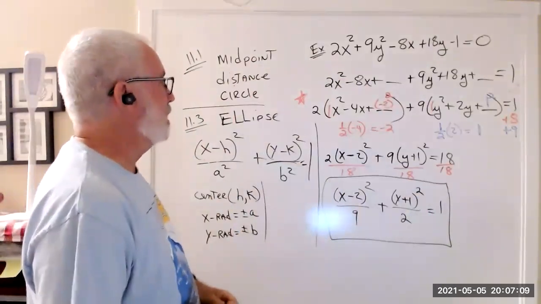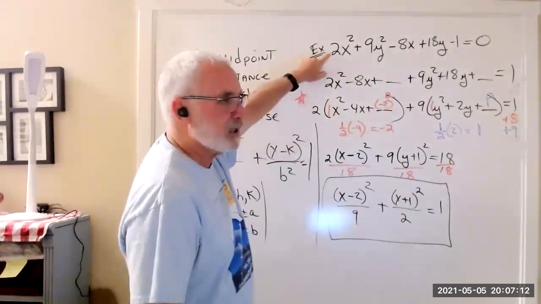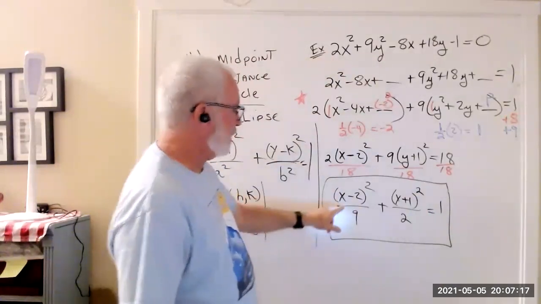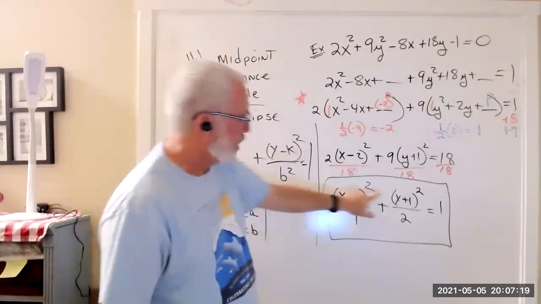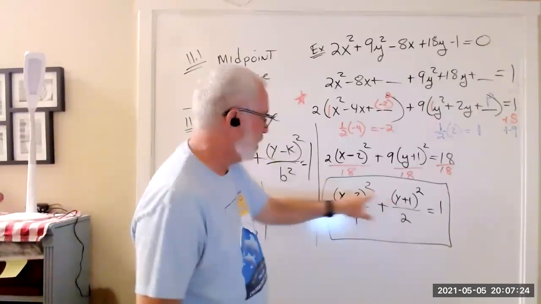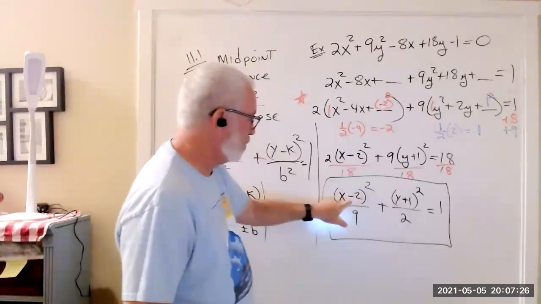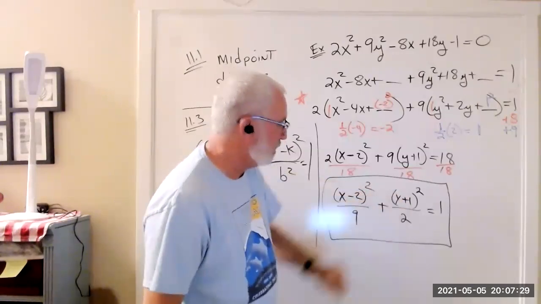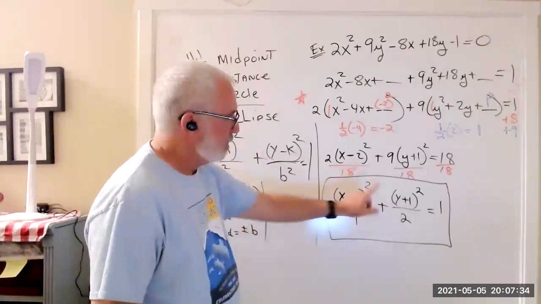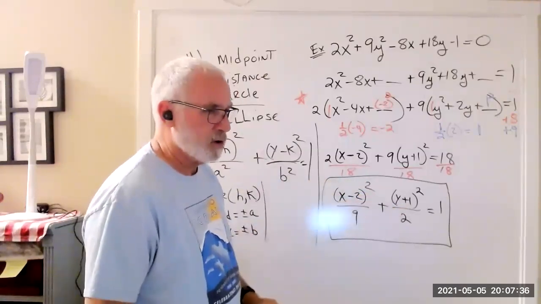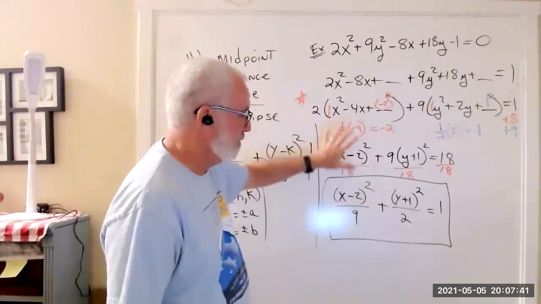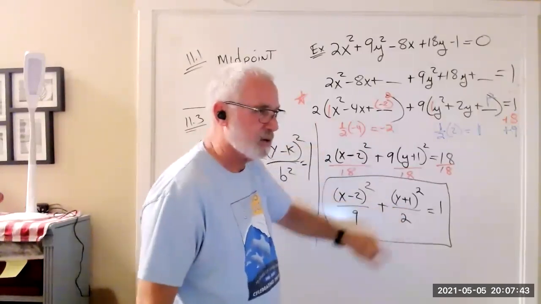Now you can tell me, we already had predetermined it was an ellipse because the 2 and the 9 were different coefficients. But you can say, the center is 2, comma, negative 1. You can tell me the x radius is 9. Y radius is a little bit weird. But I've gone through the major stuff. I'll show you the y radius in a moment.